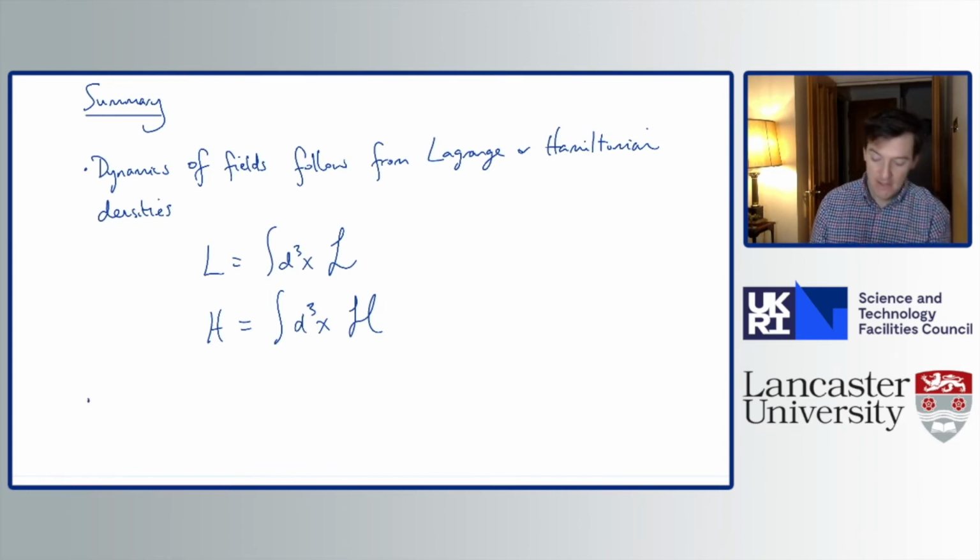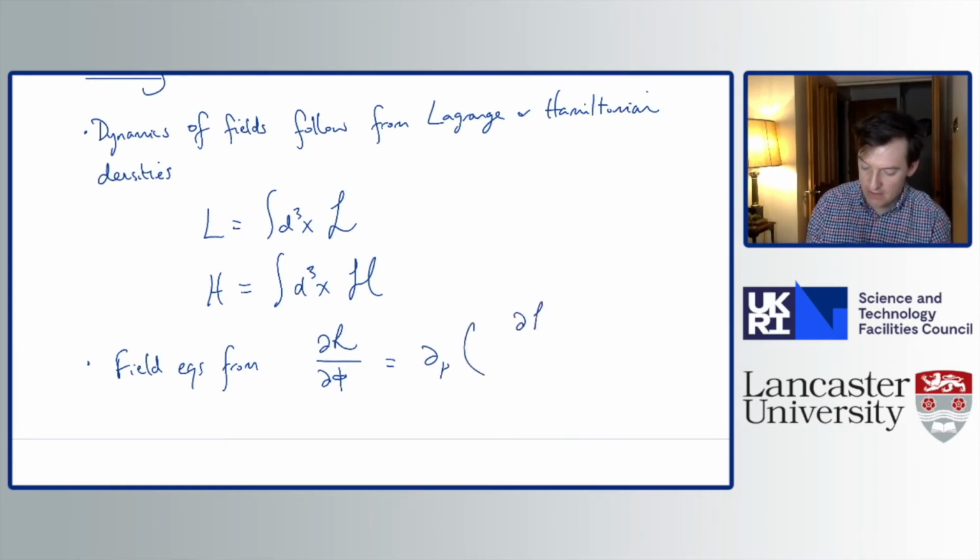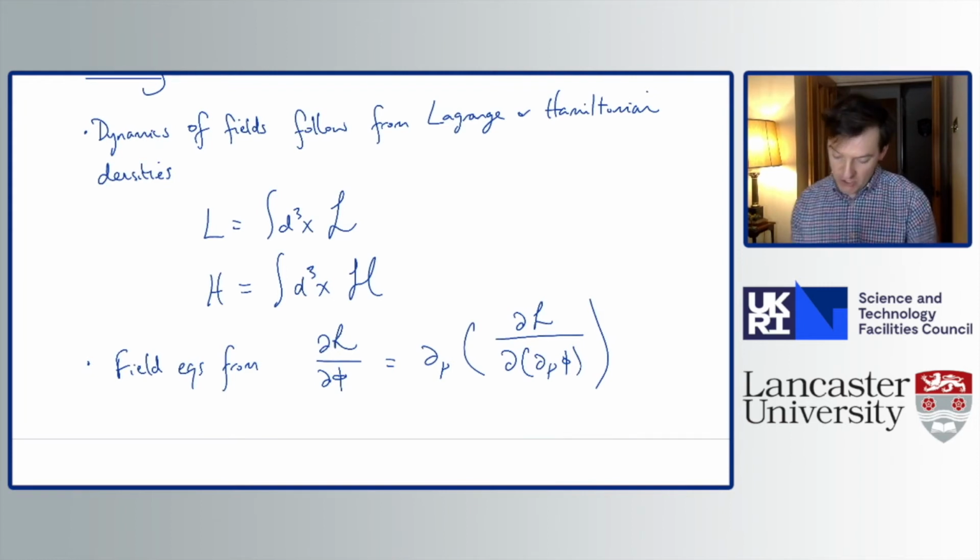Once we have these densities, the Lagrange density or the Hamiltonian density, we can get the field equations again. In particular, we tend to use the Euler-Lagrange equations, which are a relativistically invariant equation in 4-vector notation.